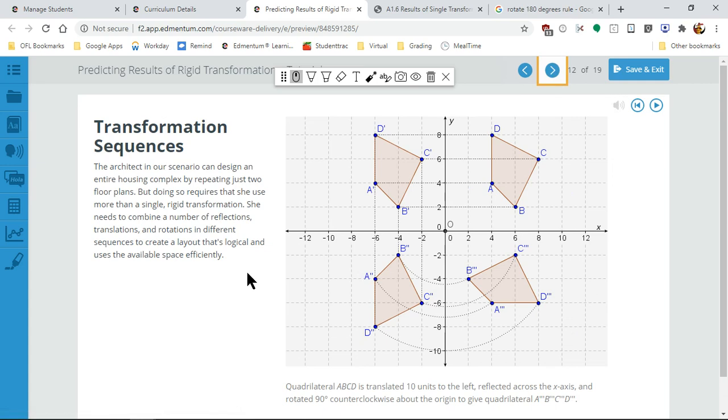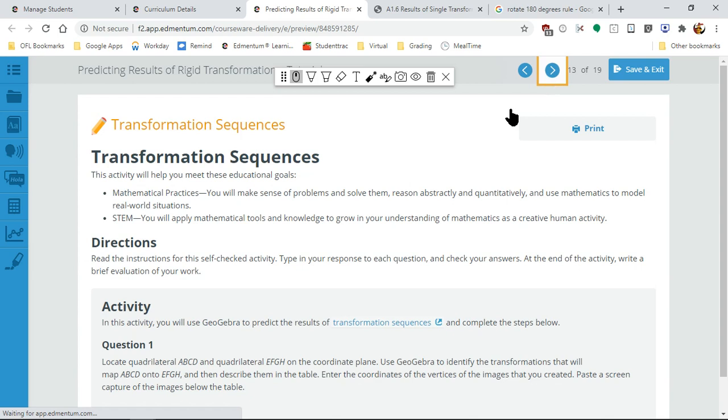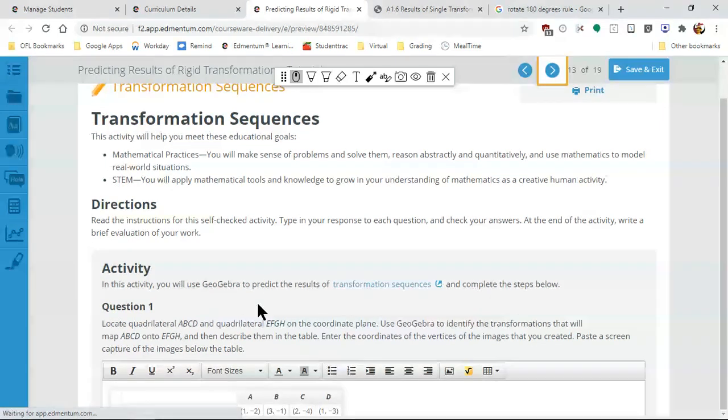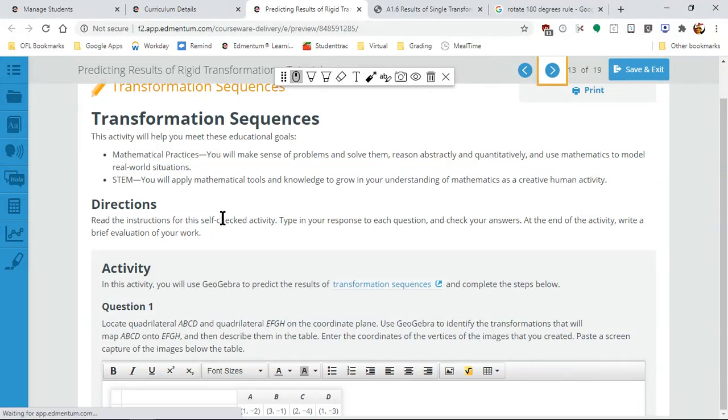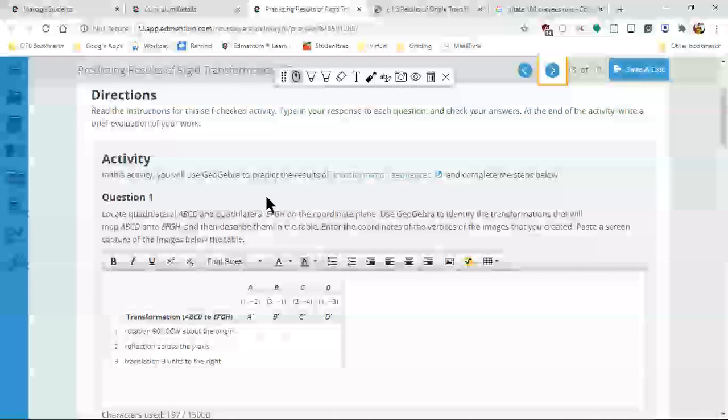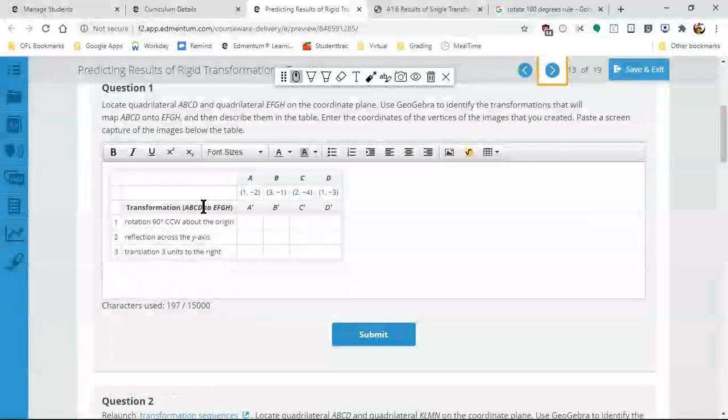So now we're going to combine these ideas together. We're going to start doing more than one transformation. So hopefully this will load in time. There we go. All right. So first things first, they want us to rotate 90 degrees from the origin.